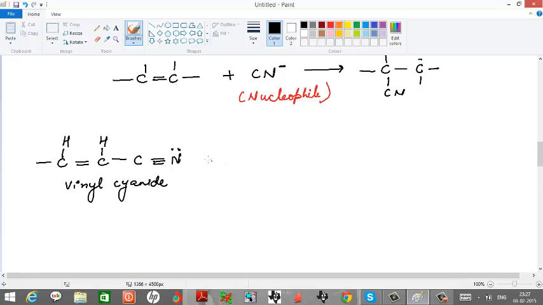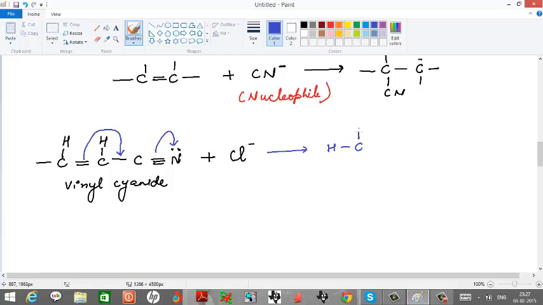Now, when a nucleophile attacks the vinyl cyanide, there will be a transfer of the electrons. So this will shift here and the triple bond will shift here, and chlorine will attach to the third carbon atom.